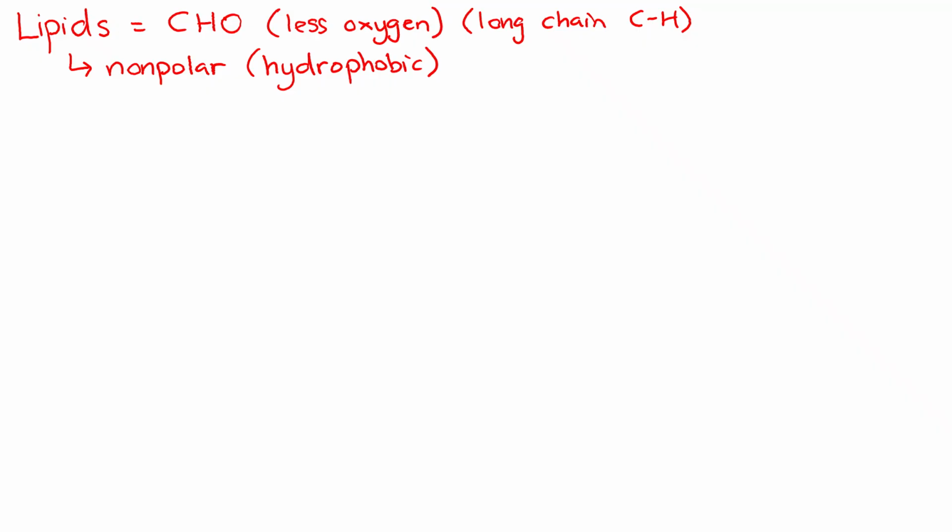Now, we need to know three special groups. The first one would be fats, and another name for fats would be triglyceride. Okay, for this, we still need to know what makes up a triglyceride.